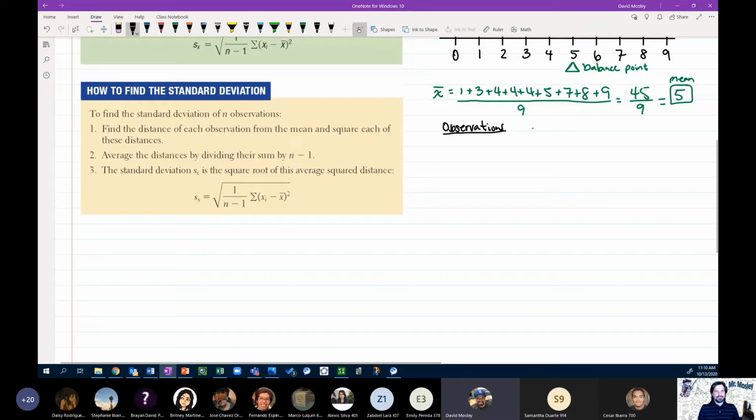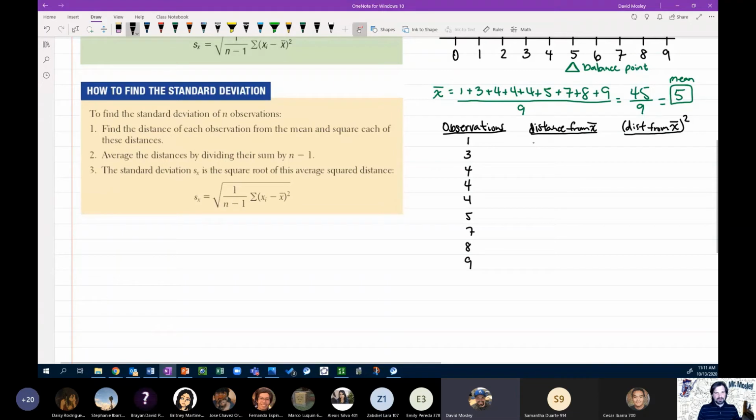We will have the distance from the mean, and we'll have the distance from the mean squared. I'll just write my observations here. I have 1, 3, 4, 4, 4, 5, 7, 8, and 9.